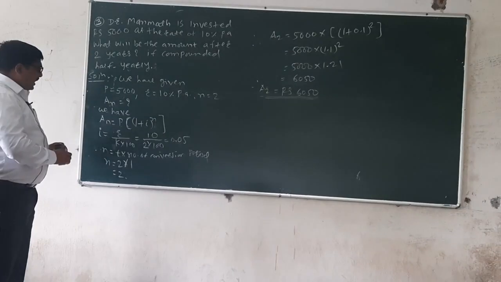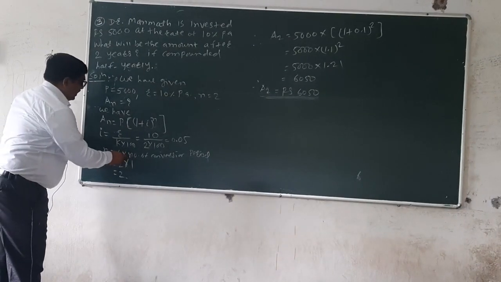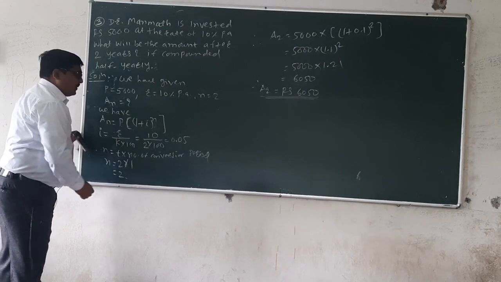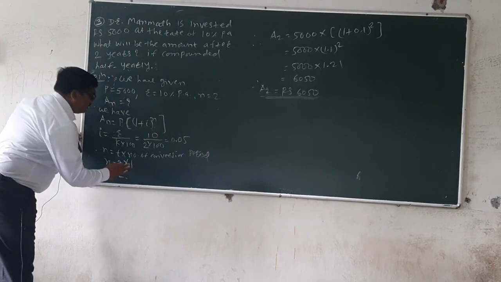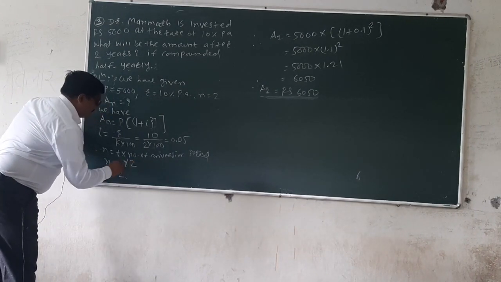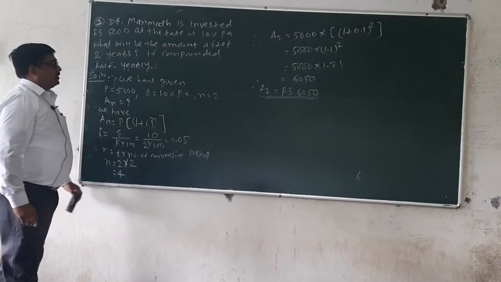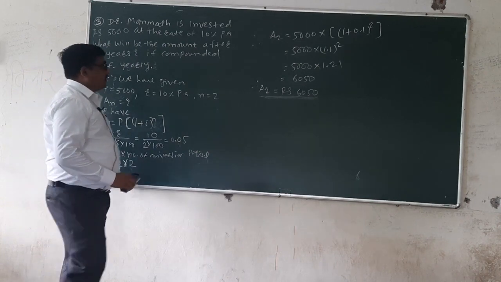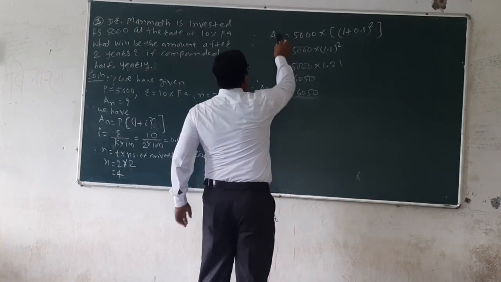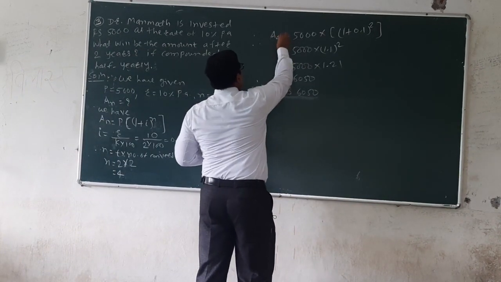Now N is T into the number of conversion periods in a year. So 2 into 2, that is 4. So N equal to 4, so A4.